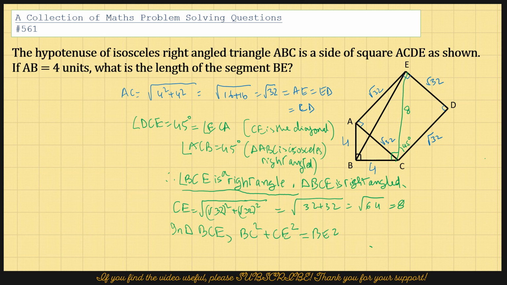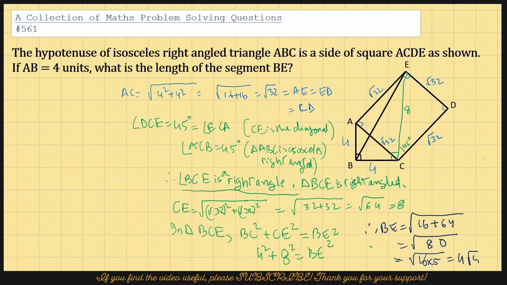So we get that. So therefore BC square is 4 square plus CE square is 8 square, and that equals BE square, and therefore we can write BE equals square root of 16 plus 64, that is square root of 80, and that would be 16 times 5, and that is 4 root 5.